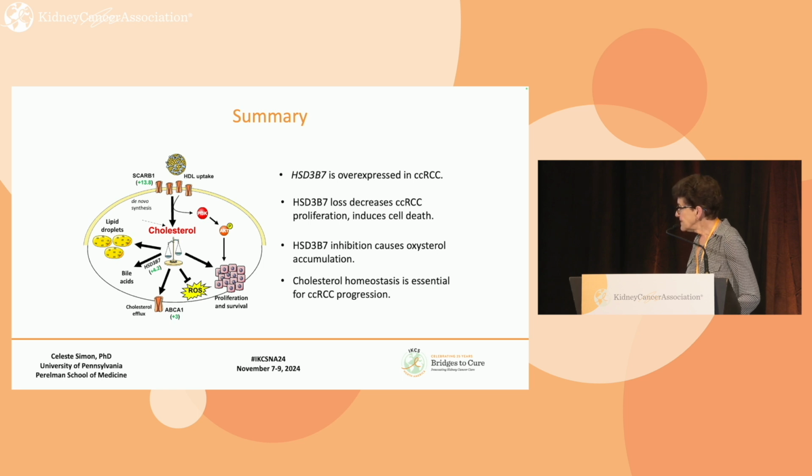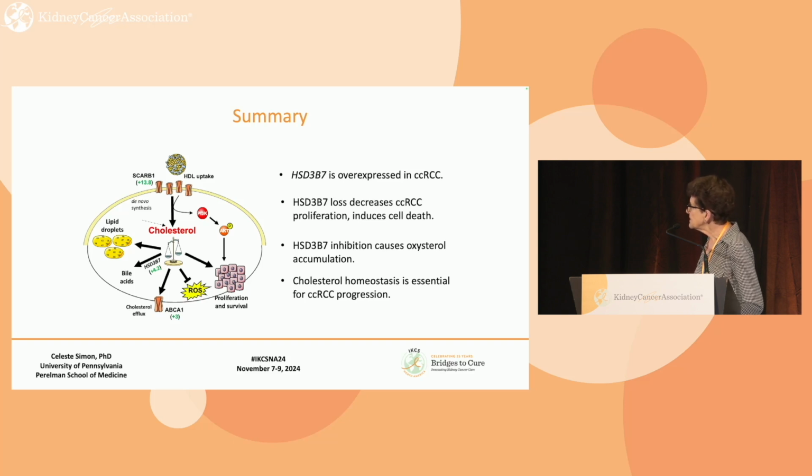The take-home message for everybody is that by the systematic analysis of the unique metabolism of this tumor, we have found a couple of potential targets that we have found in every single tumor sample we've interrogated. HSD3B7 is a bile acid synthetic enzyme that the cells are completely dependent on.